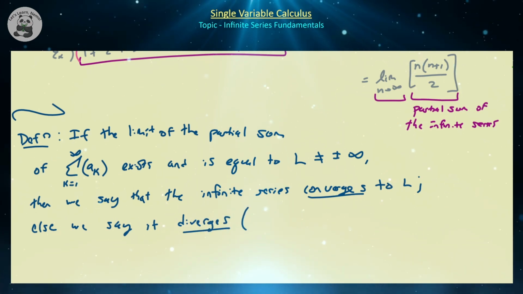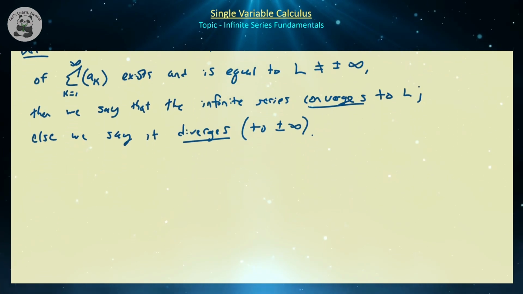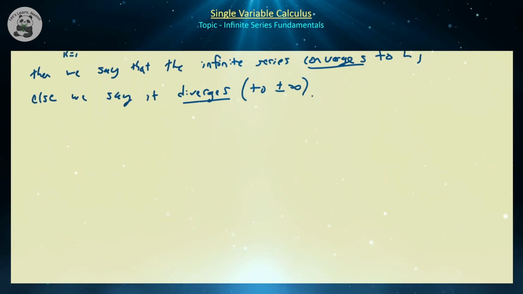Some people will say it diverges to plus or minus infinity, or both of those. So that's what an infinite series is and what it means for it to converge or diverge.